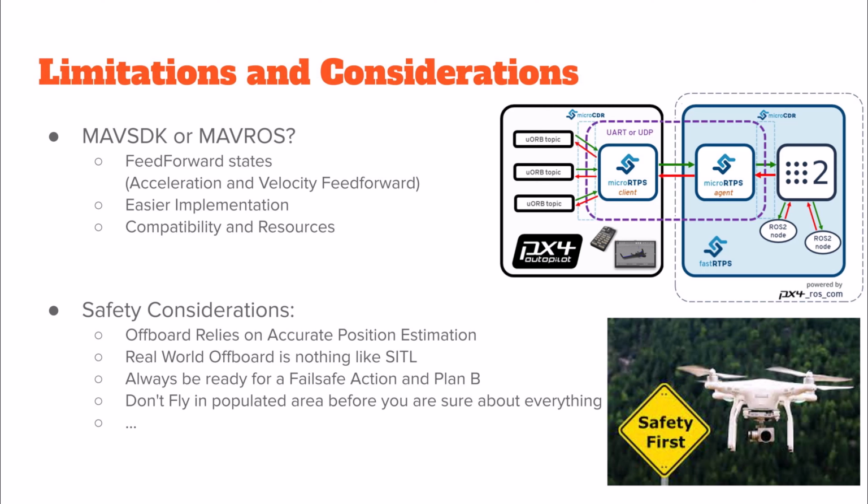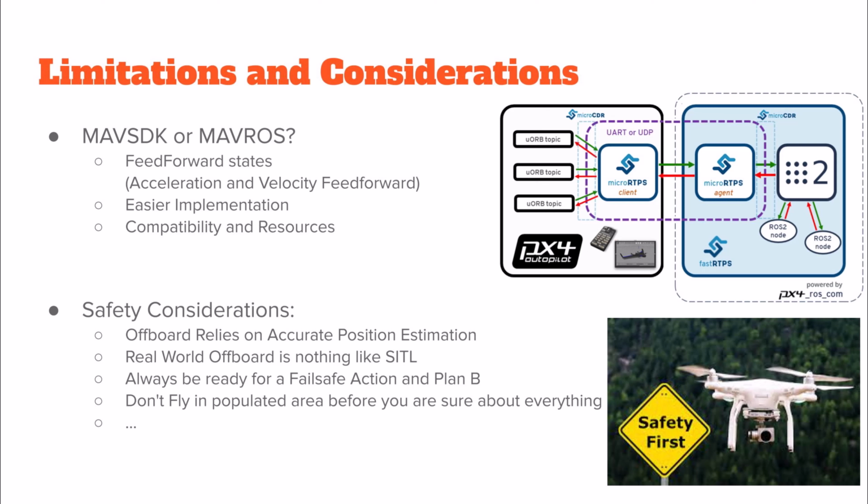There are also some safety considerations for offboard control. In this video, we're going to use software in the loop so there is no danger, but if you want to use this algorithm on a real drone, you have to consider some safety issues. Offboard control relies on accurate position estimation.